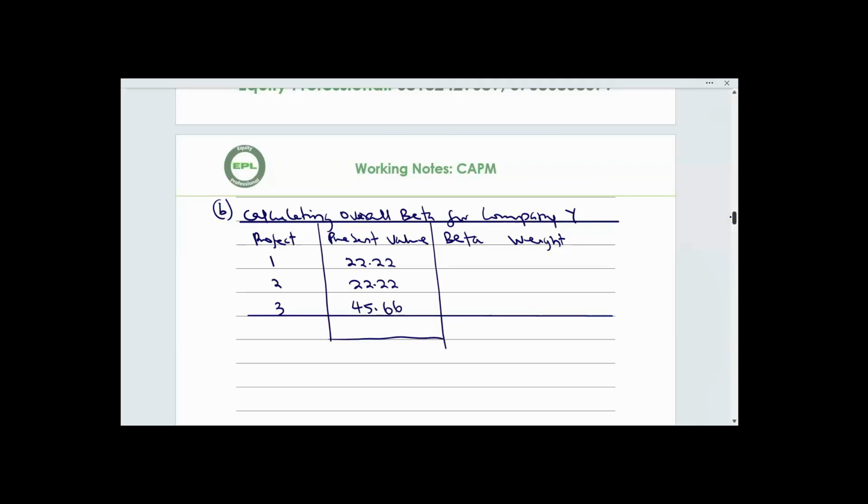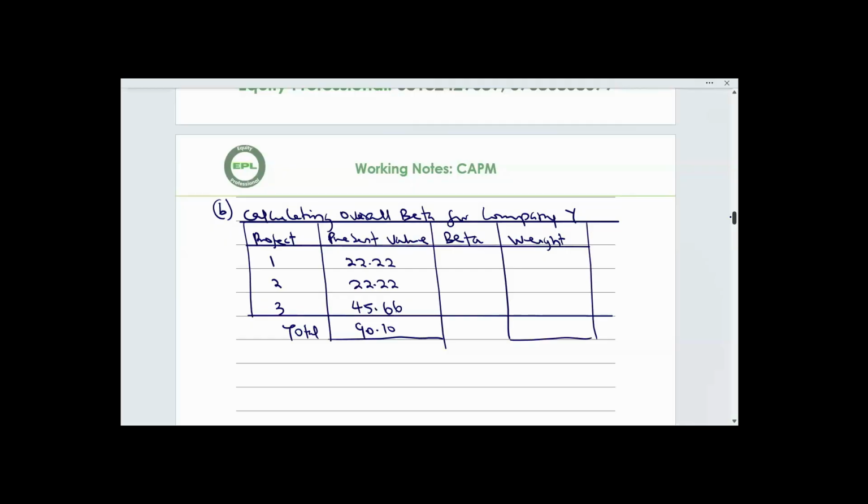And we calculated the total present value to be 90.10. All right.